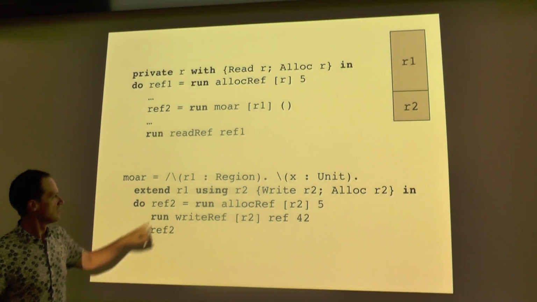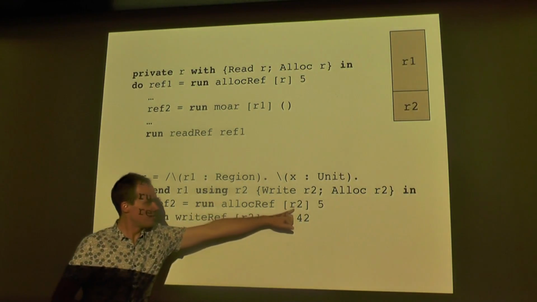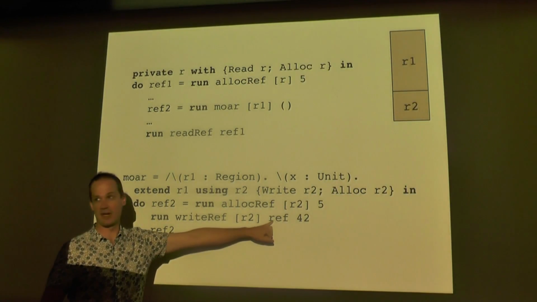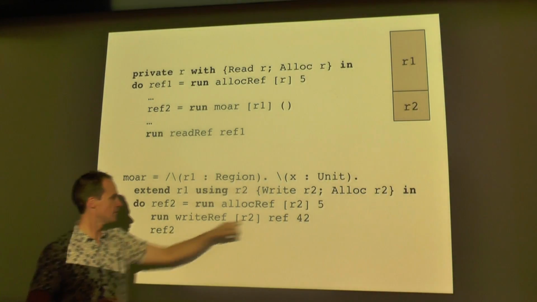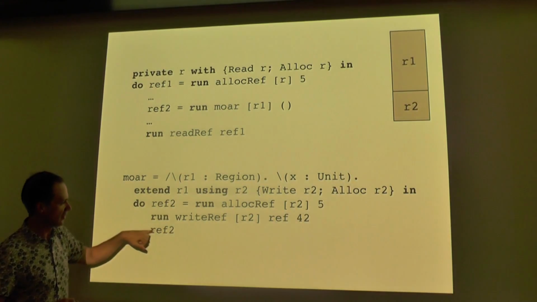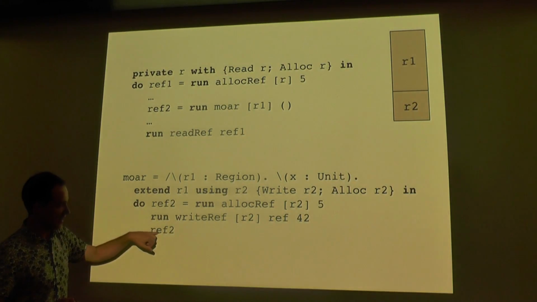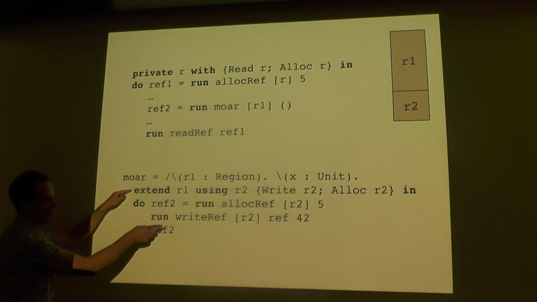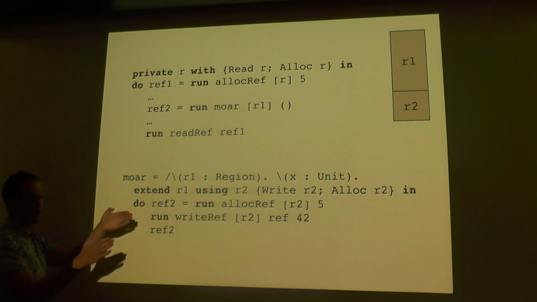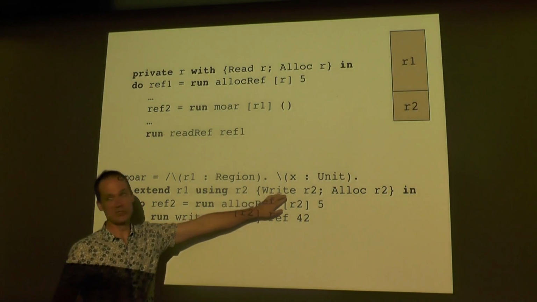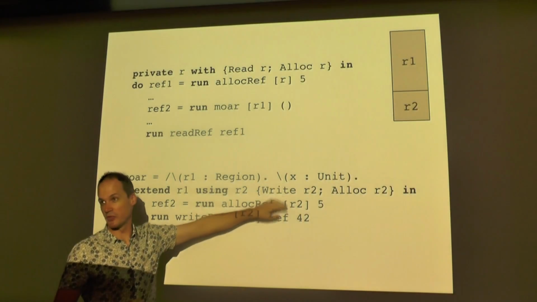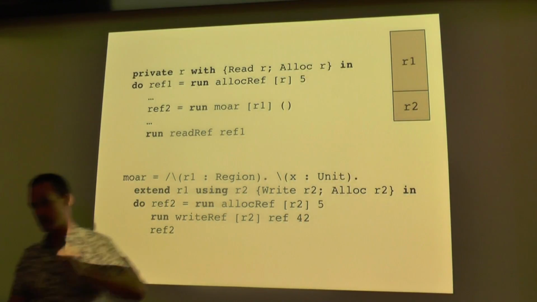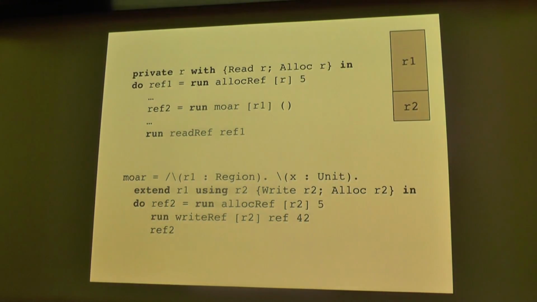Okay? So in the new piece, region R2, I can allocate a reference to the value 5 and then write into that reference onto R2. And then I return this reference in R2, but then when I leave the scope of this extend construct, region R2 is joined into region R1, and I lose these local capabilities. So once I've returned from this construct, I can only do read and allocate.